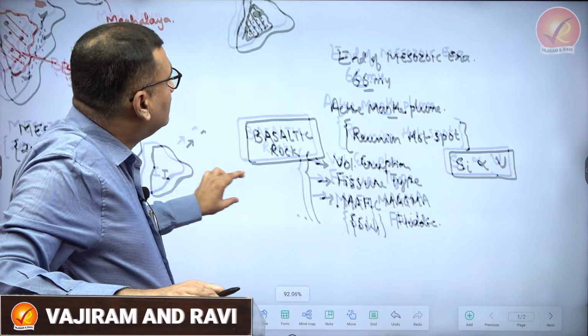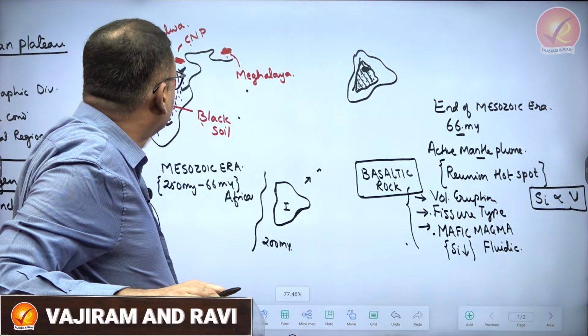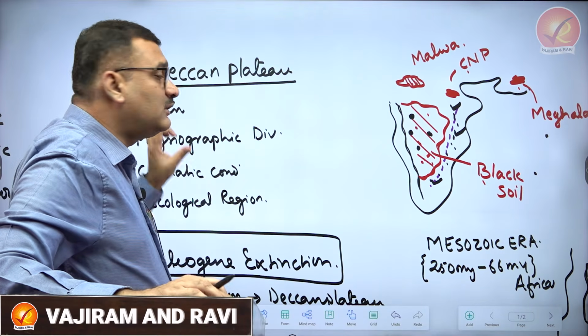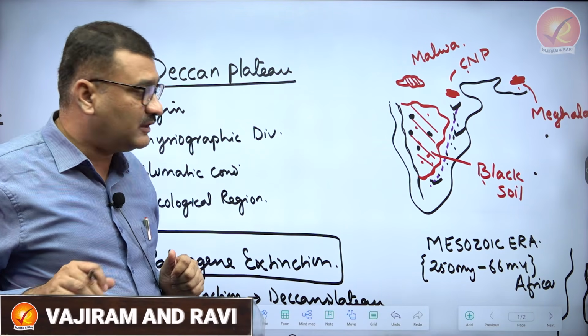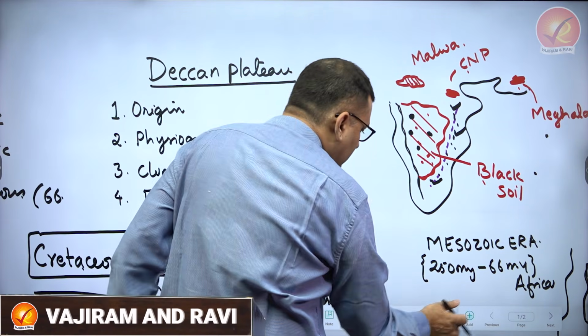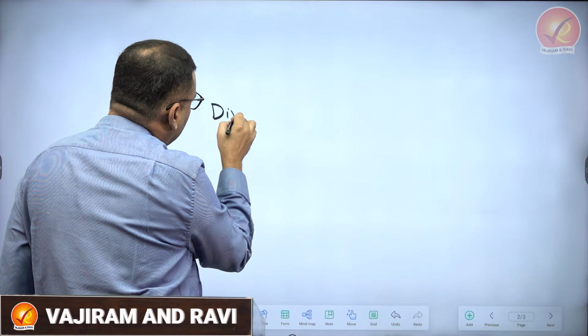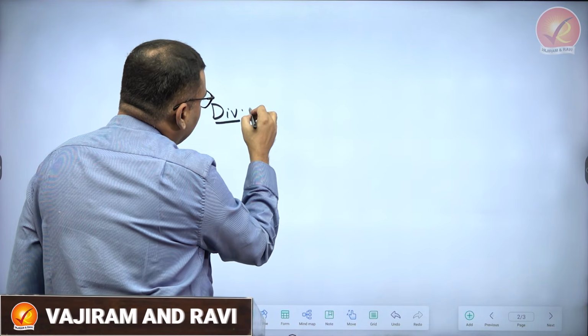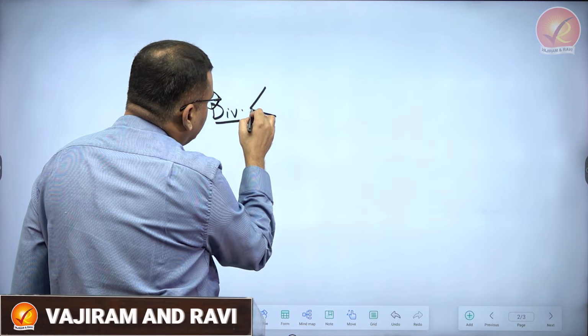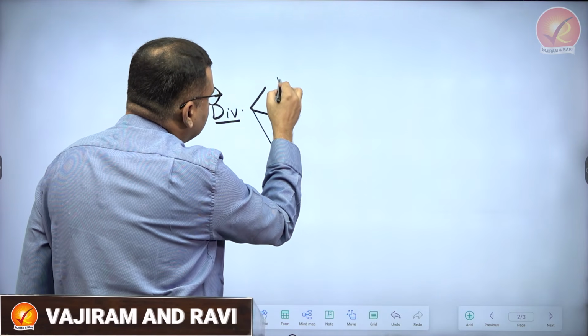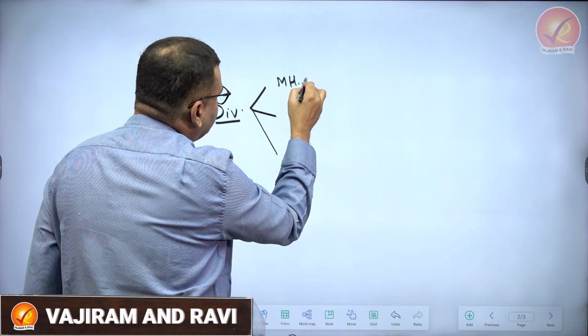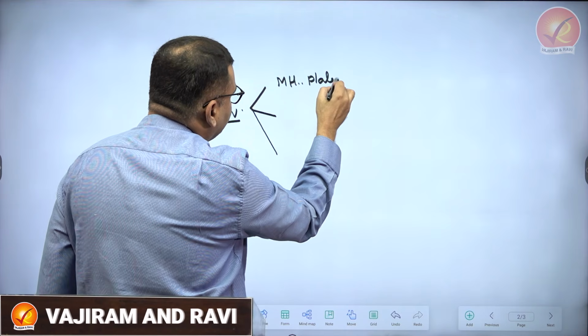Now, second important aspect of Deccan is to look at what are the physiographic divisions of Deccan Plateau. Now, divisions of Deccan Plateau, we divide the Deccan Plateau into three parts. One is Maharashtra Plateau.